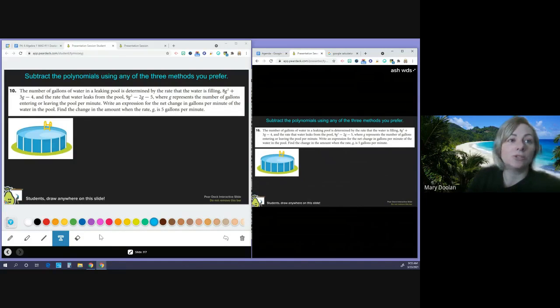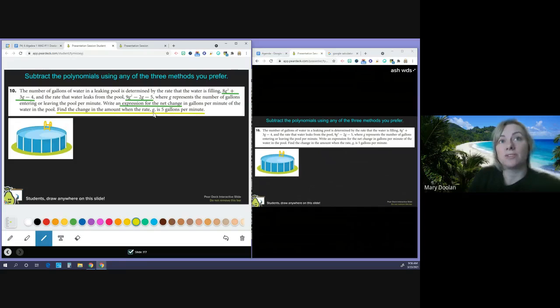So it's asking us to do a couple things here. One, it's asking us to subtract this polynomial and this polynomial. We're going to do that by writing an expression for the net change. That means subtract. Then the second thing they want us to do is to find the change in the amount when the rate g is 5 gallons per minute.